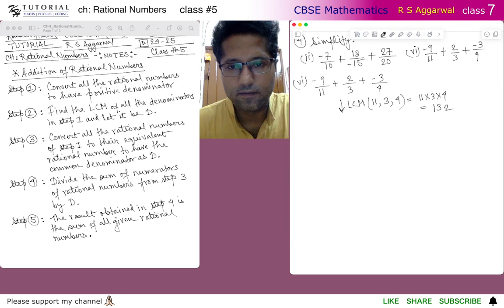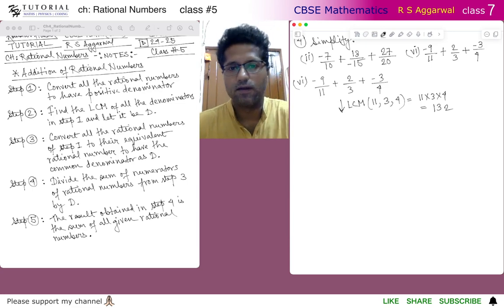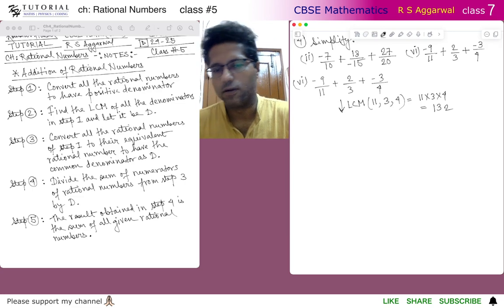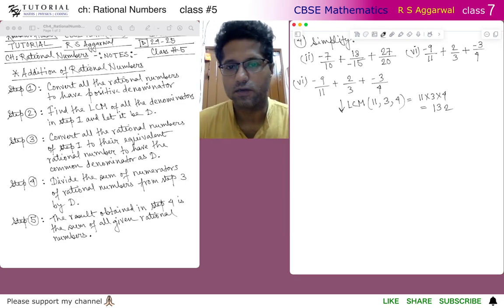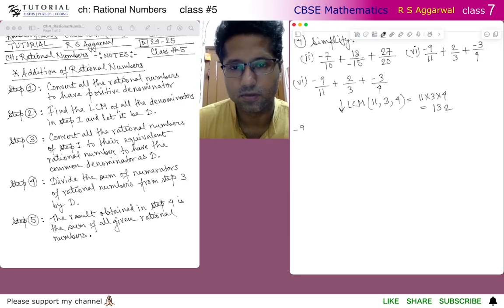So to do that, we have to convert minus 9 by 11 to a rational number that will have denominator 132. We have to multiply both the numerator and the denominator by 3 into 4.